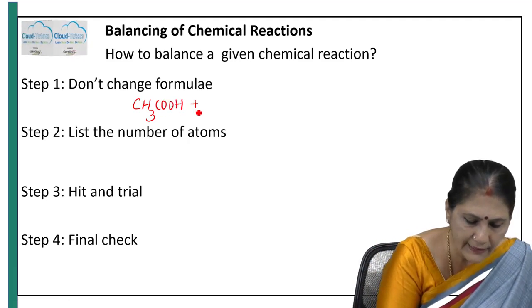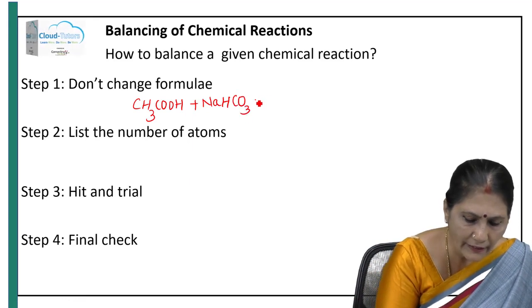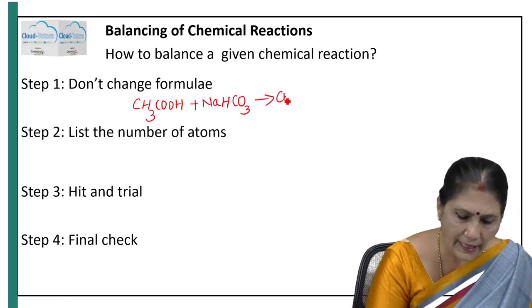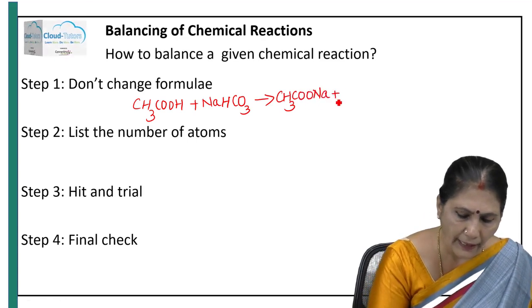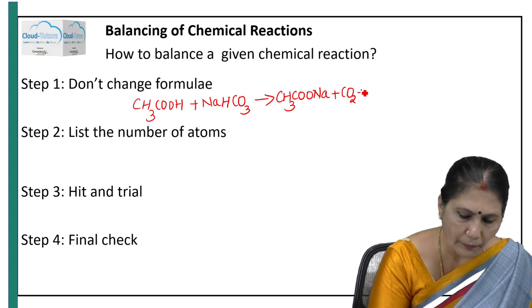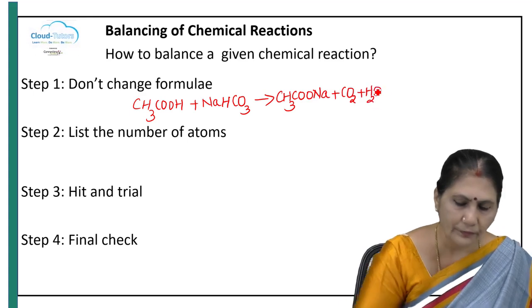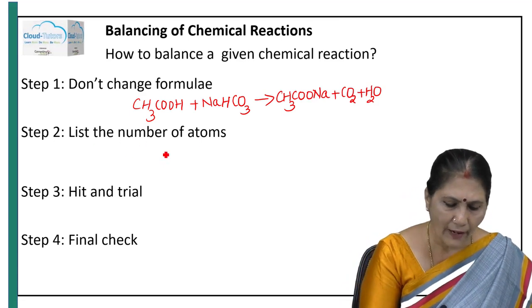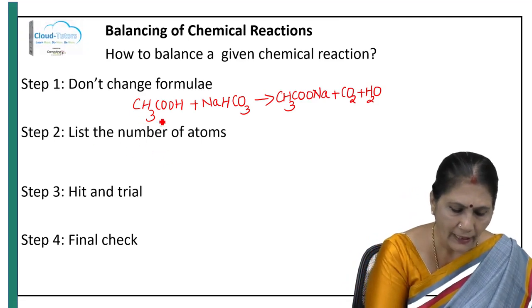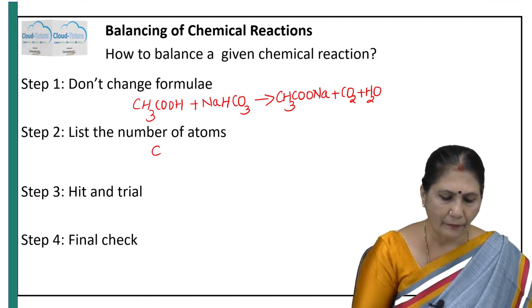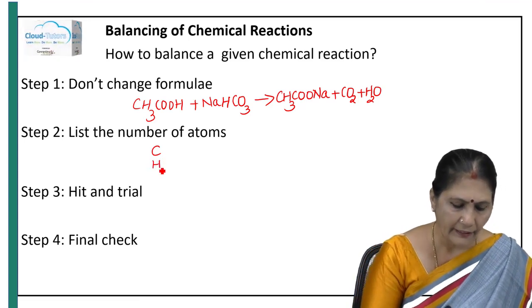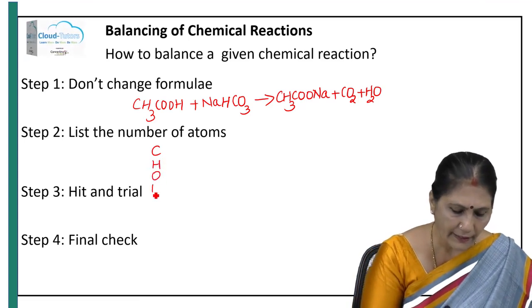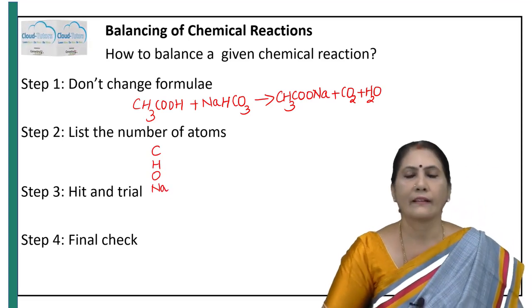For example, CH3COOH plus NaHCO3 gives CH3COONa plus CO2 plus H2O. Now, list the number of atoms. You have to see how many atoms are there. Carbon is there, then hydrogen, then oxygen, then sodium.